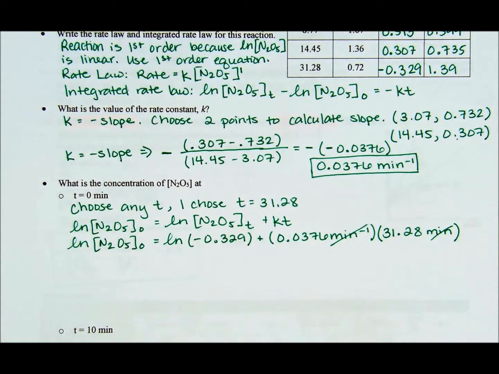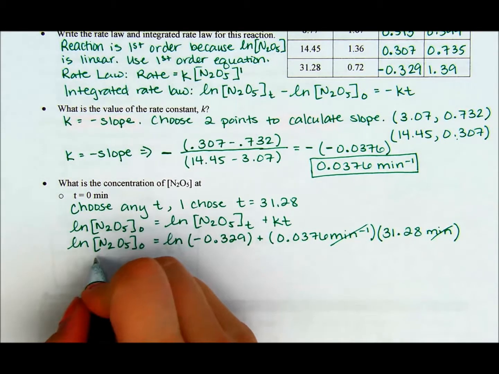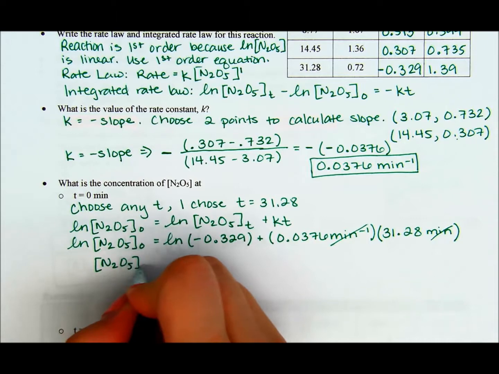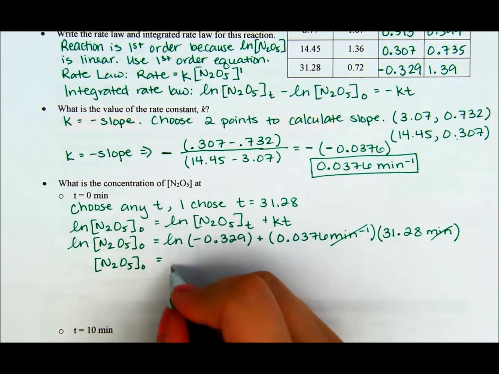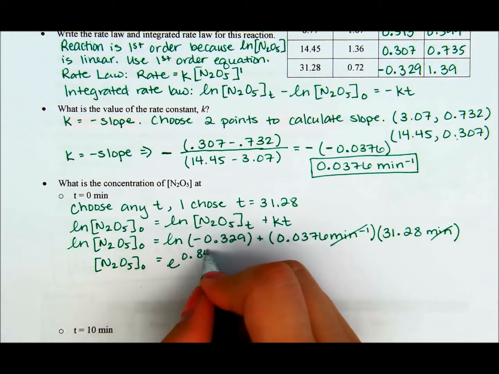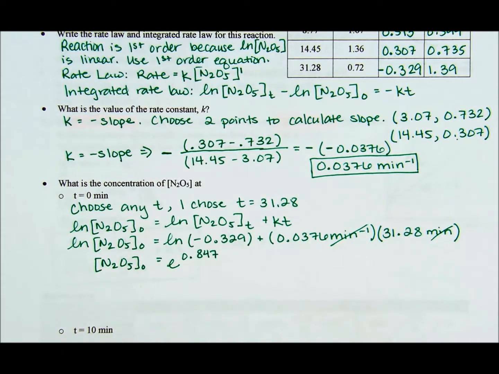I'm going to combine all my terms, do all my math, and take the e of both sides, not the natural log. That leaves us with the concentration of N2O5 at time 0 equals e to the 0.847.